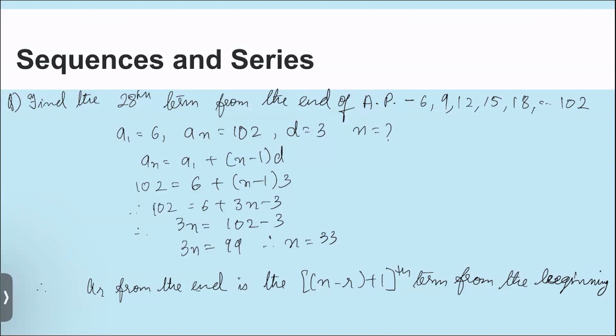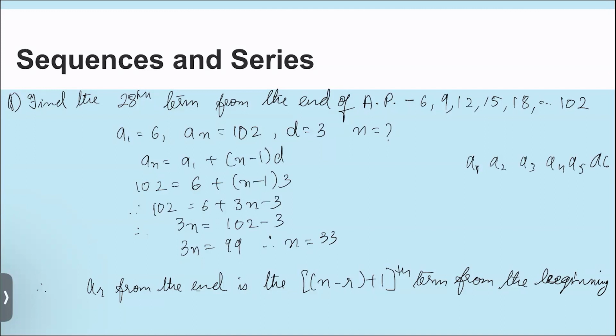Suppose you are given A1, A2, A3, A4, A5, A6. Okay, so we have 6 terms.